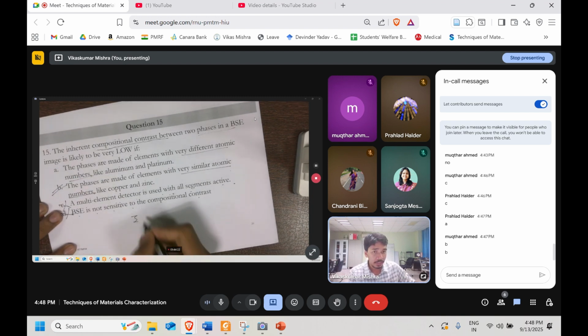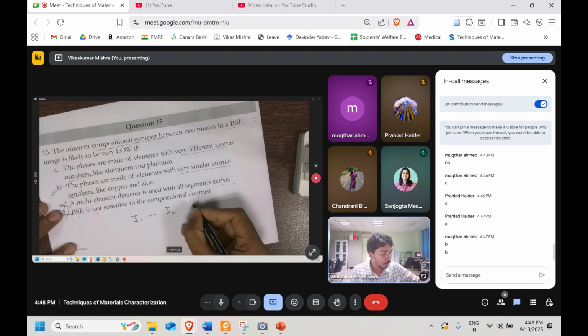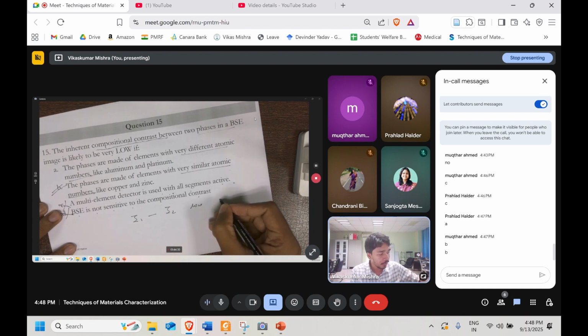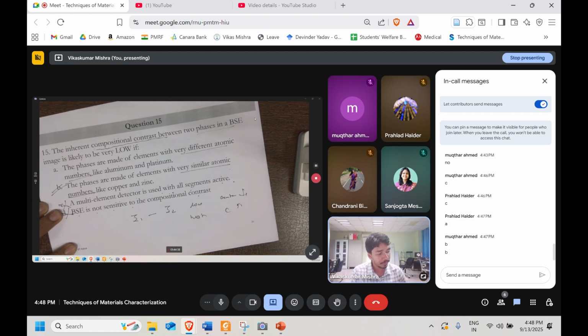BSC is giving Z contrast, that is Z1 and Z2. If the difference between them itself is very low, the contrast will be low. While if the difference is high, the contrast will increase, so the composition contrast will be more.